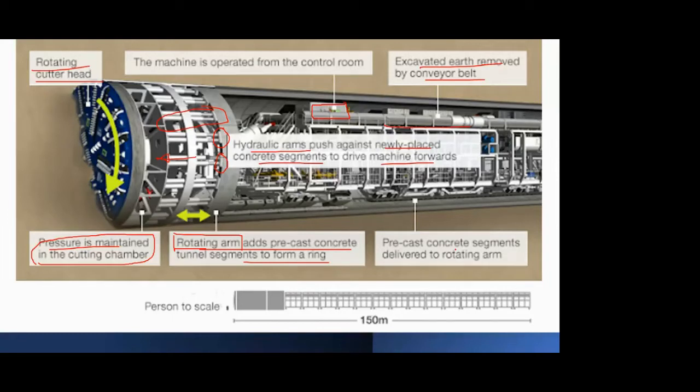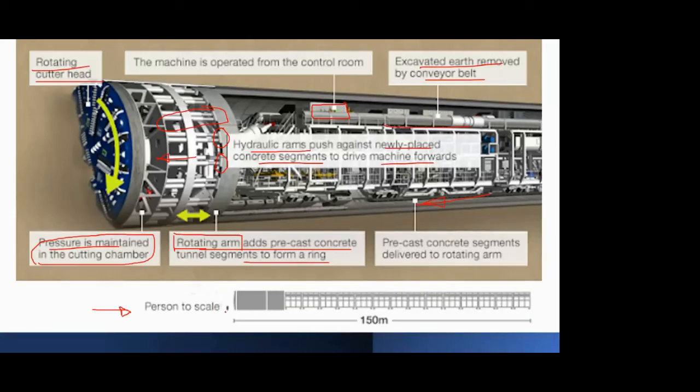And the precast concrete segments are delivered to the rotating arm. For delivery, it's a conveyor belt or a mini track that they lay, over which the segments are transported from the outside of the tunnel towards the core of the TBM. And at the bottom, they have shown that this TBM is generally 150 meters long.